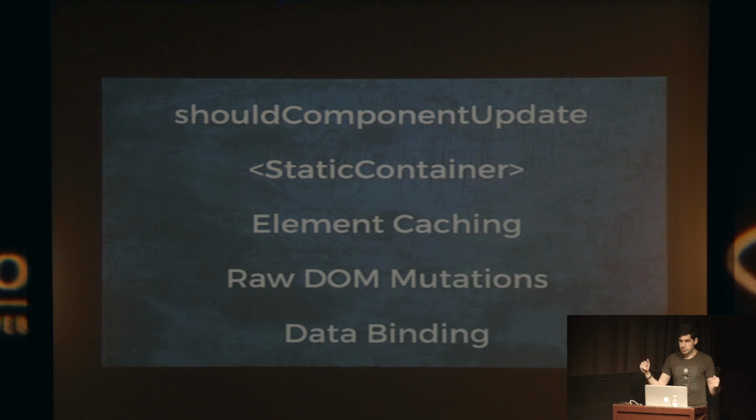But if you want to implement a different update strategy, like raw mutation, data binding, or static container or whatever, you are able to do that. I think this is one of the best parts of React, and why I'm so excited about the project: it gives you the versatility to do all of those.